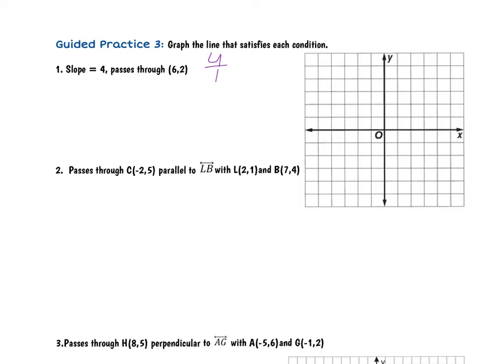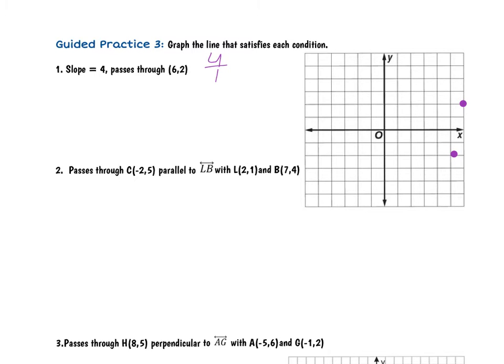1, 2, 3, 4, 5, 6, and up 2. It's going to go up 4 units and over 1. Now that's going to put us off the screen, which is problematic. So instead we're going to work backwards. We're going to go down 4 units, 1, 2, 3, 4, and over 1 unit. For our next point, we're going to see if we can do that one more time.